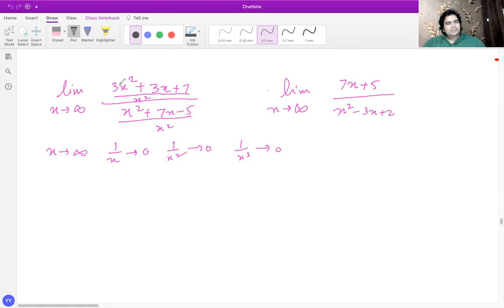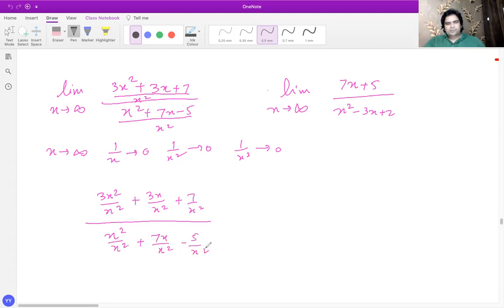Now this upon this is 3x squared upon x squared plus 3x upon x squared plus 7 upon x squared. We can isolate them: x squared over x squared plus 7x over x squared minus 5 over x squared. Obviously this simplifies, and here you need to mention that the limit is as x tends to infinity.